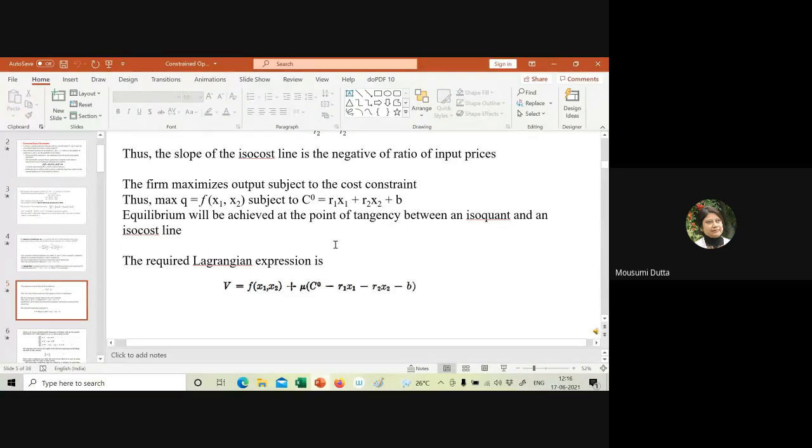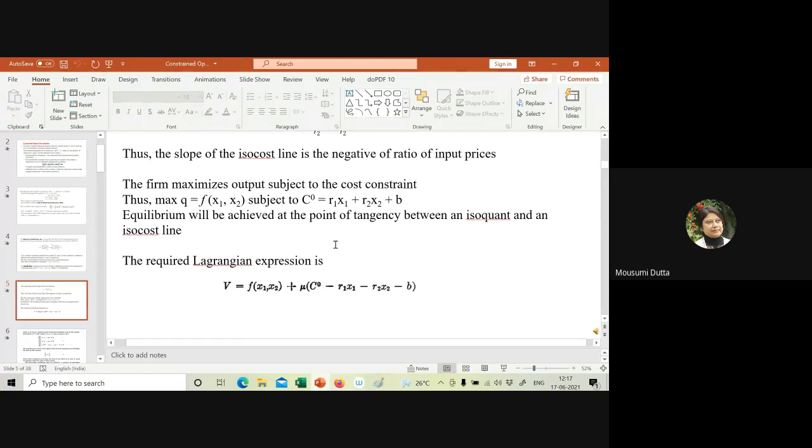All of you have an idea about the Lagrangian expression. So we will add the objective function with the constraint using the Lagrange multiplier. So this is our new objective function, or the Lagrangian expression, which is v is equal to f of x1, x2 plus mu, then c naught minus r1, x1 minus r2, x2 minus b.